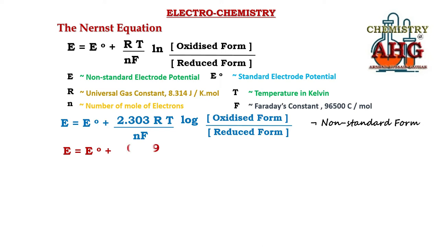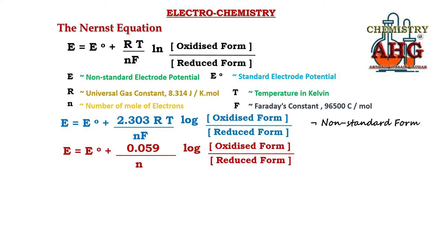You are getting 0.059 divided by n, because n is a variable, the number of moles of electrons involved in an oxidation or reduction, they could be different, and then the remaining part of the Nernst equation will remain unchanged. Log of concentration of oxidized form divided by concentration of reduced form. This form of the Nernst equation is known as the standard form at a temperature of 298 Kelvin.